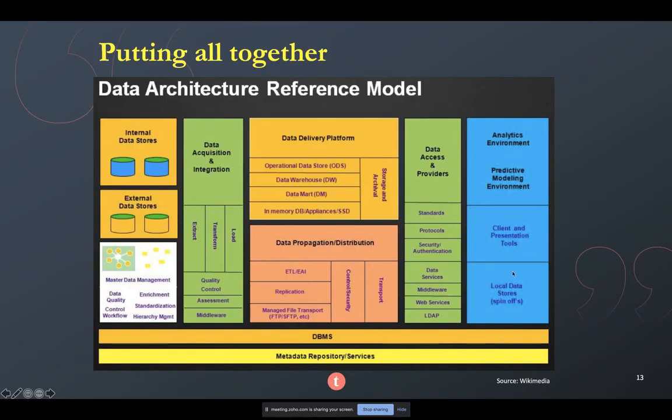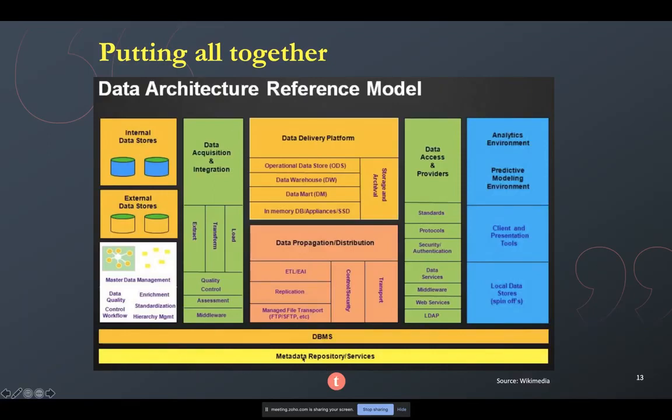Here we have the consumer of the data, and also the analytical environment, which can be part of the processing as well as part of the consumers, for example your business intelligence tools. And here, for example, you have the governance part.